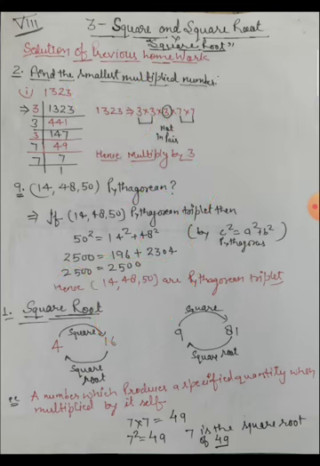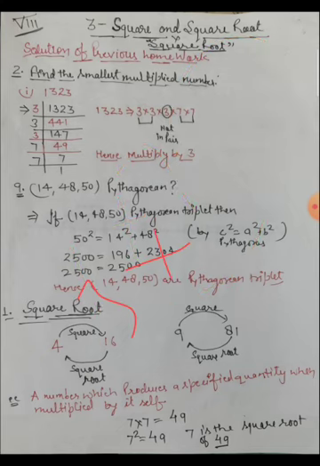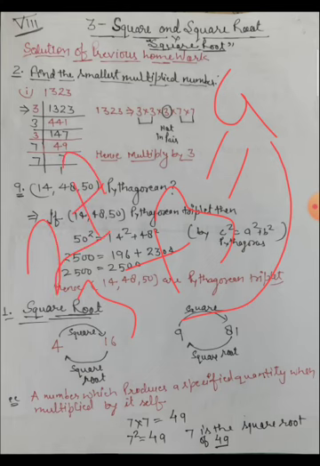So listen, the number which multiplied by itself gives a special number, that number is the square root of the special number. Like 3 multiplied by 3 is 9. So what is the square root of 9? 3. Same as 2 multiplied by 2 gives 4. So what is the square root of 4? 2.